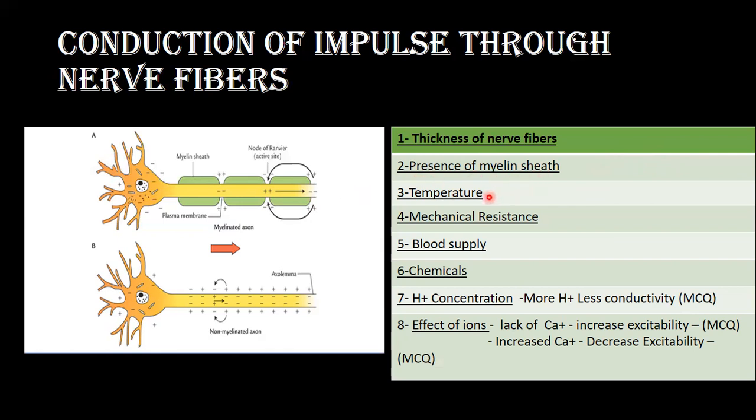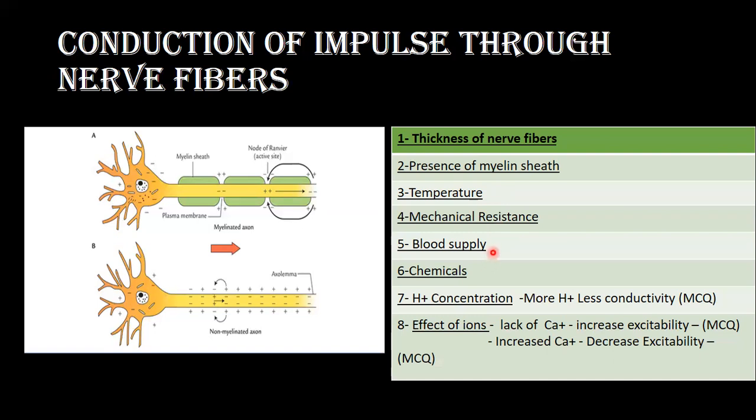Then the temperature: when the temperature is cool, it decreases the conduction, whereas at a hot temperature, the conductivity of the nerve impulse increases. The mechanical resistance decreases conductivity as well as excitability.